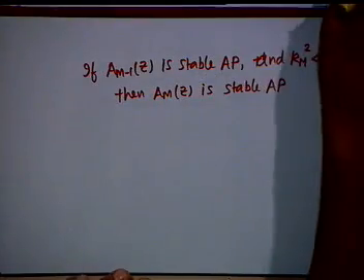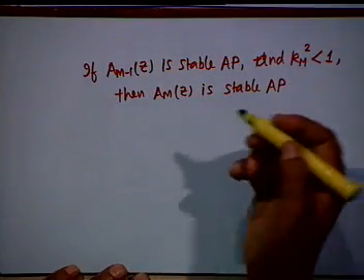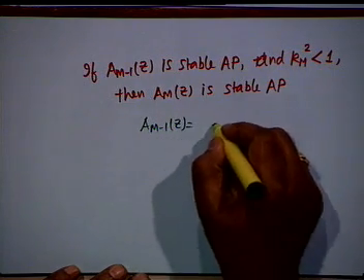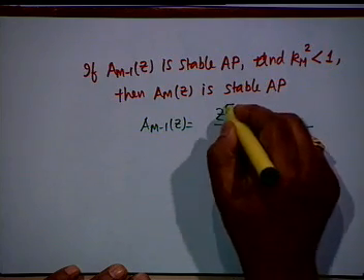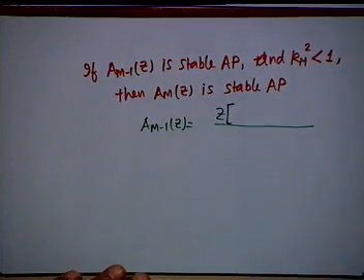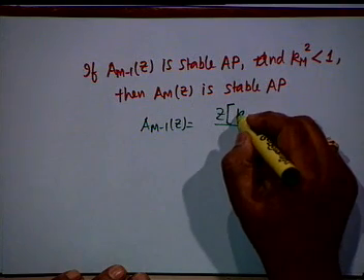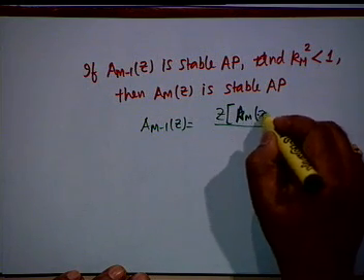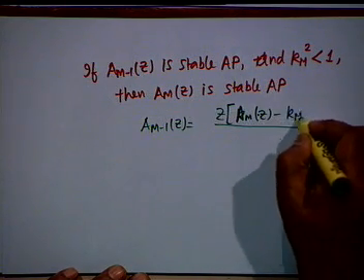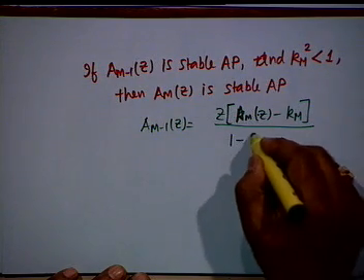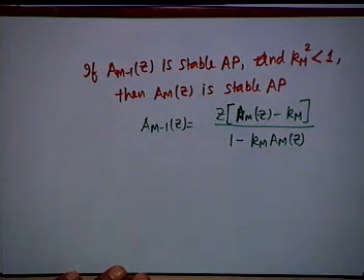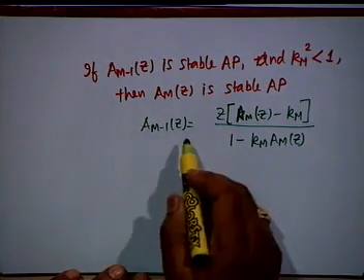Our defining relationship was Am minus 1Z equal to Z times, Am of Z minus Km divided by 1 minus Km Am of Z. This was our defining relationship for finding Am minus 1.